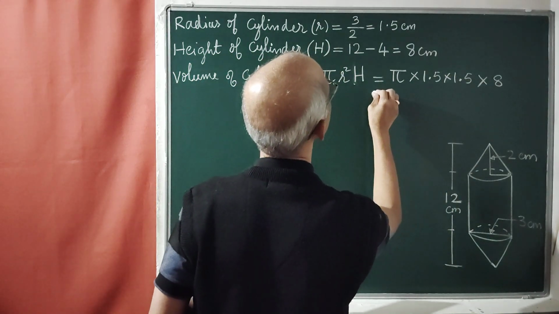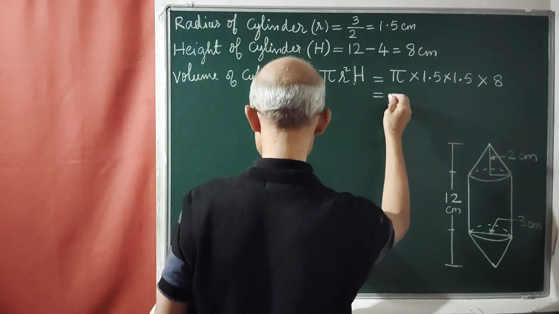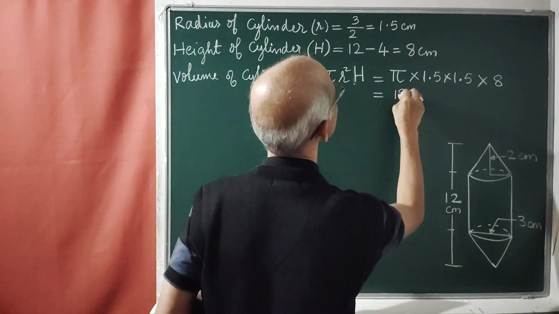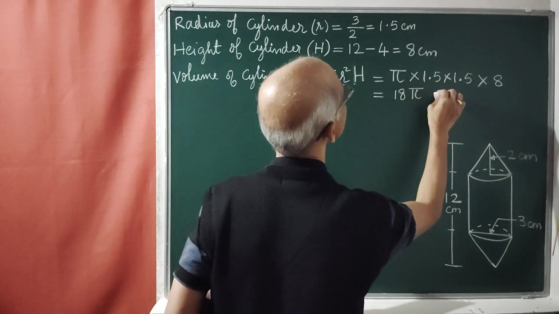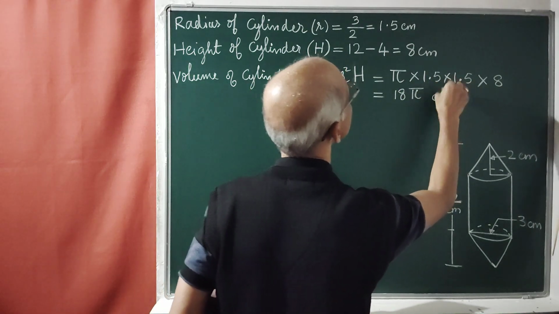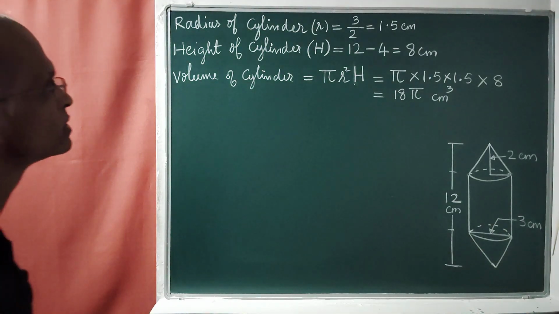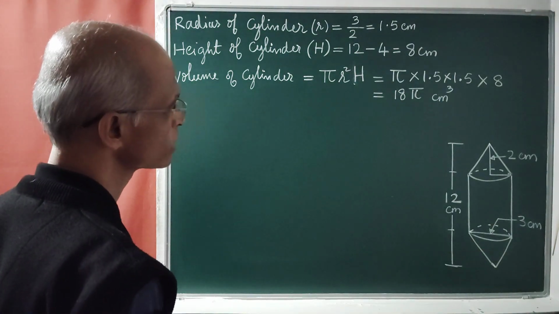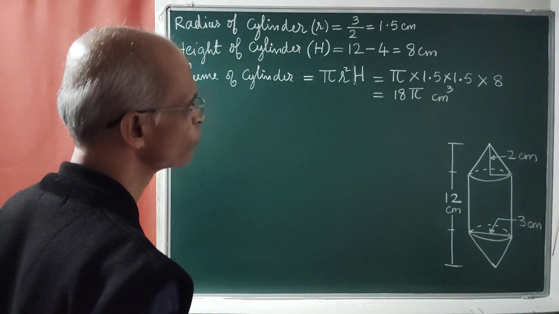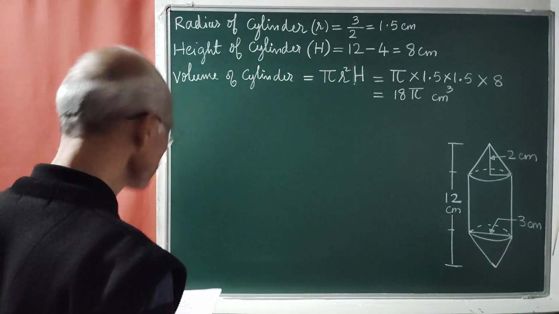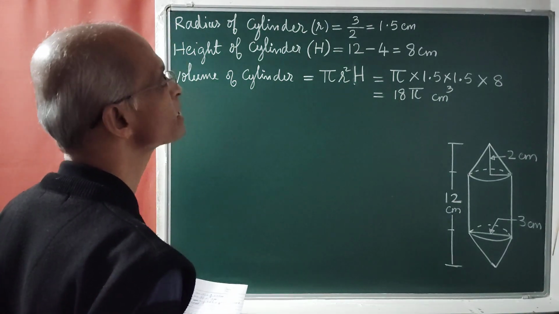So we will get 18 pi centimeter cube. So volume of the cylinder is 18 pi. Now we will find the volume of the air contained in the model.